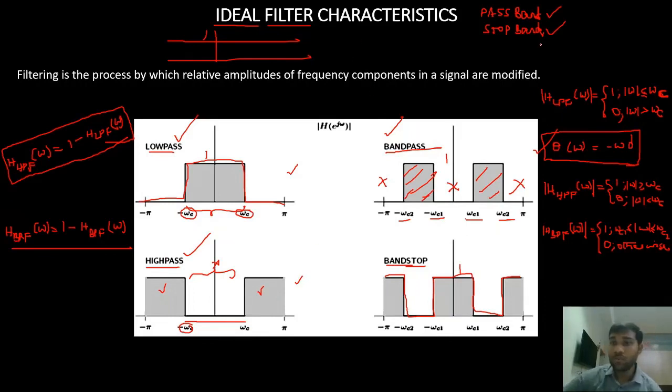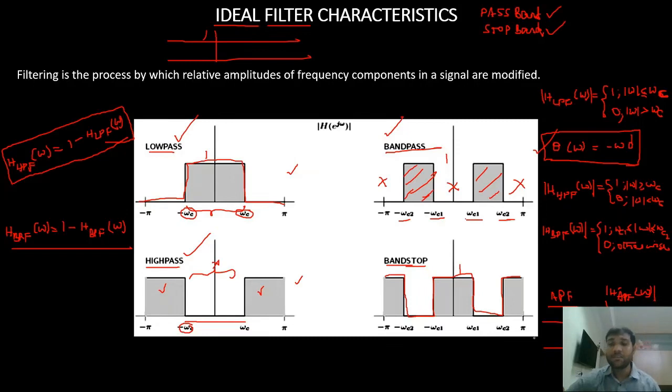Now we have also told that there is an all pass filter. So what is the function of the all pass filter? It doesn't do anything. The characteristics look like a constant function. This is mod H APF of omega, right? This is my all pass filter. So what does it do?